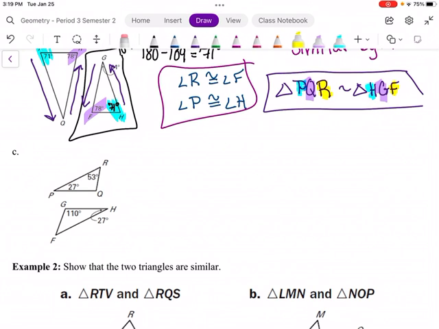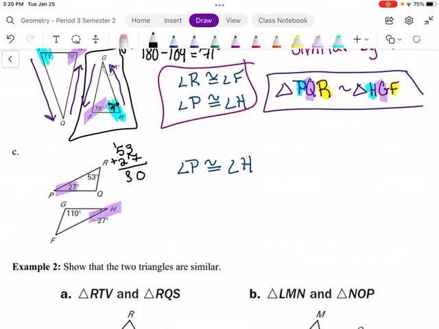And our last example, for this one, we can see that both triangles have a 27 degrees. So we know angle P is congruent to angle H. Then we had to find a third angle. So if I add 53 plus 27, that's going to give me 80. So if I found the third angle in my first triangle, I would get 100 degrees.